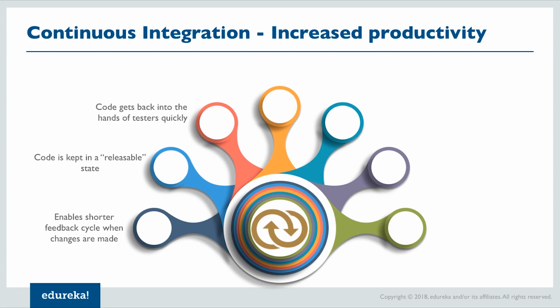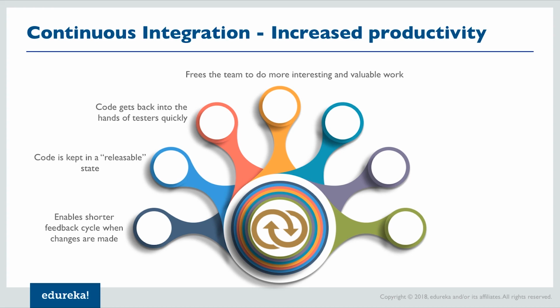Code gets back into the hands of testers quickly. So if something goes wrong, or if further tests are supposed to take place, then the code base is ready for the testers to do so. Whatever changes are required or whatever actions are to be performed on the code base happen pretty quickly. And of course, once you have automated test cases, you don't have somebody sitting at the desk for the whole day.